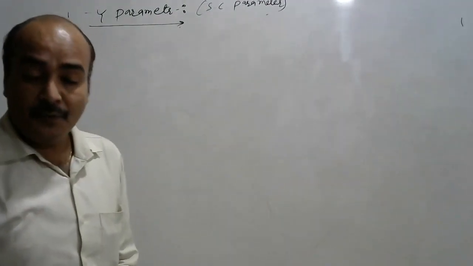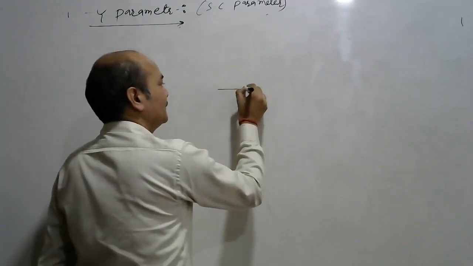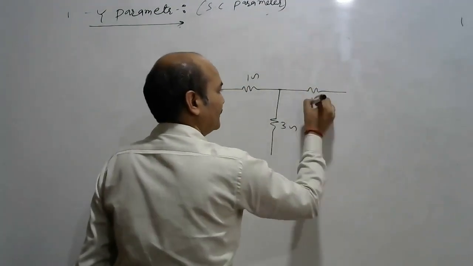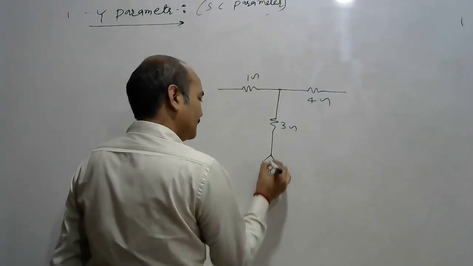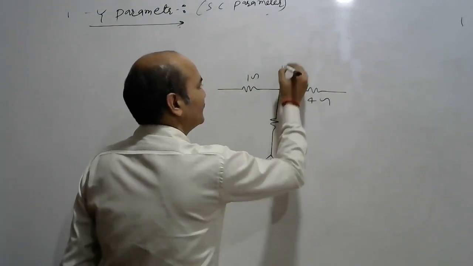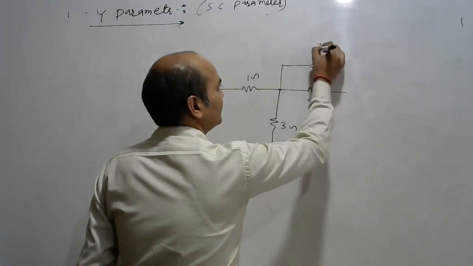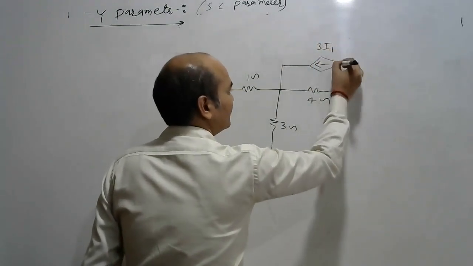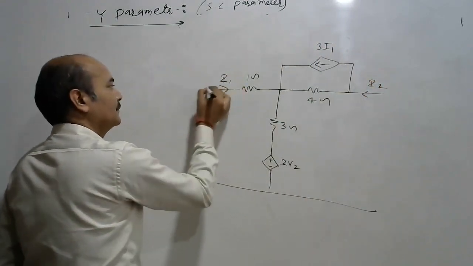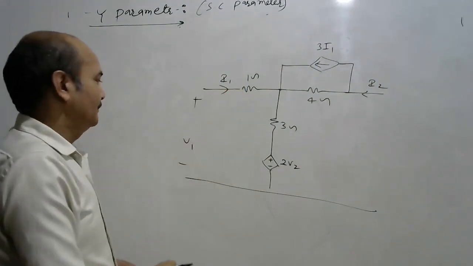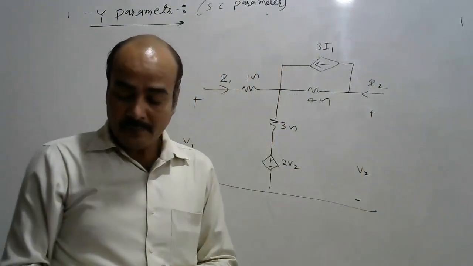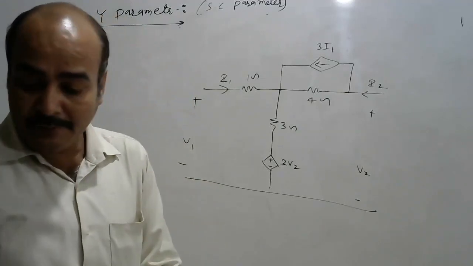So see, one more numerical. The question is saying: find the Y parameter of the circuit as shown in the figure.